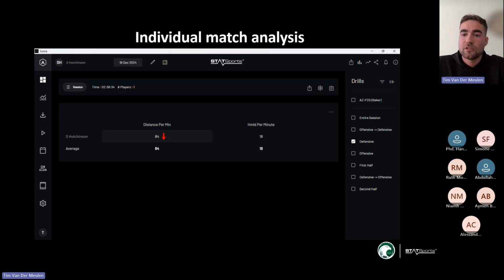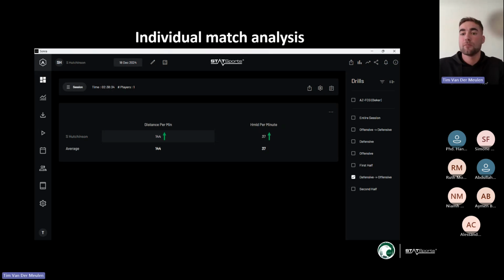And then if I switch to the transition phase from offensively to defensively, you will see the distance per minute is 101 meters per minute, and the high metabolic load distance per minute is 22 meters per minute. If you then switch to the transition phase from defensively to offensively, you notice an increase in intensity.